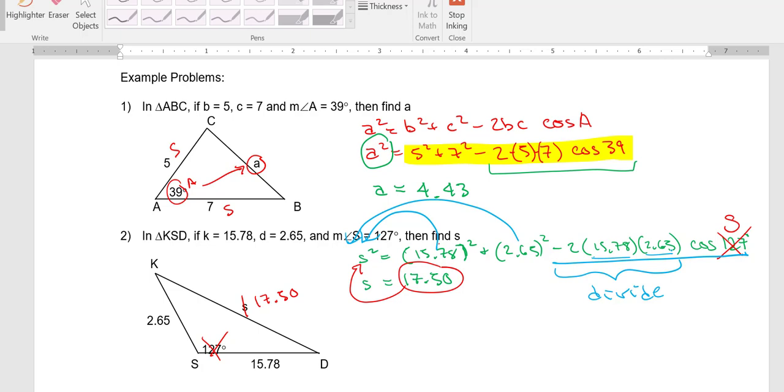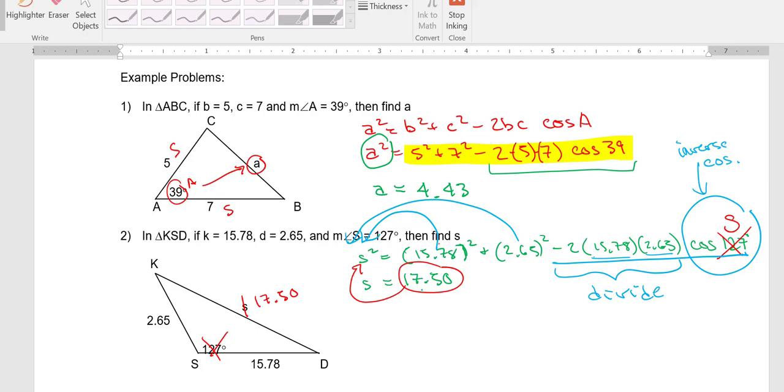Okay? And then what do I need to do when I'm left with the cosine of s? Well, when I'm left with the cosine of s equal to something, I'm going to have to do the inverse cosine at the very end. Inverse cosine. Okay, so go ahead and try that.